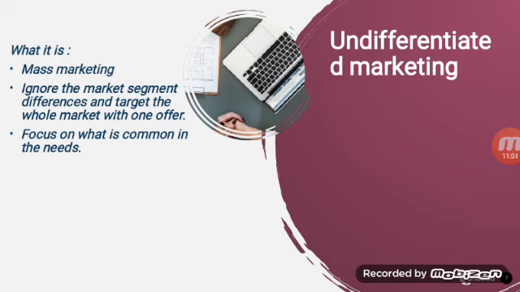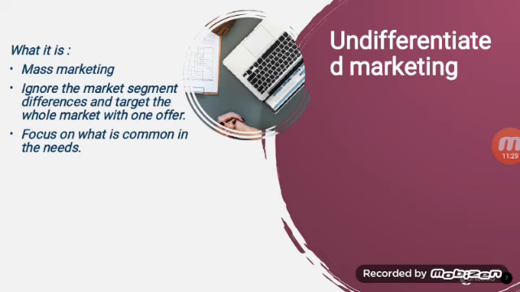You don't choose, I just want to concentrate on demographic, or I just want to concentrate on behavioral. No, you don't choose that. When you adopt undifferentiated marketing, you don't go for a particular market segmentation. Instead, you target the whole market with just one offer, and you focus on what is common in the needs.